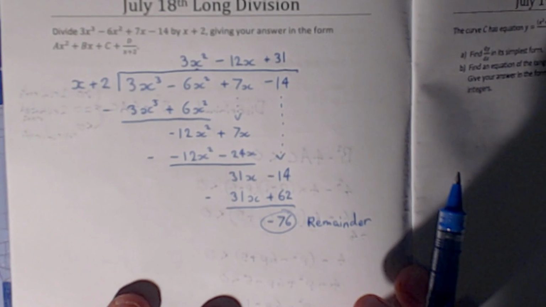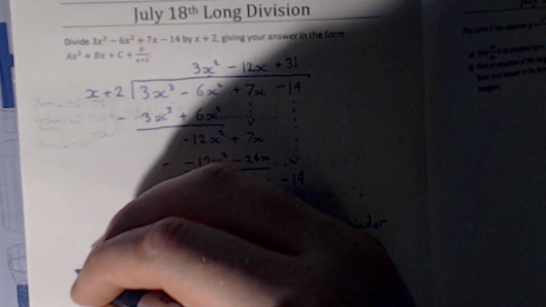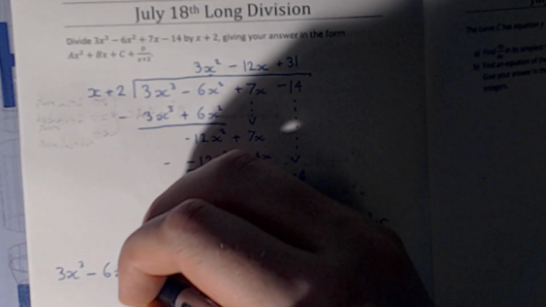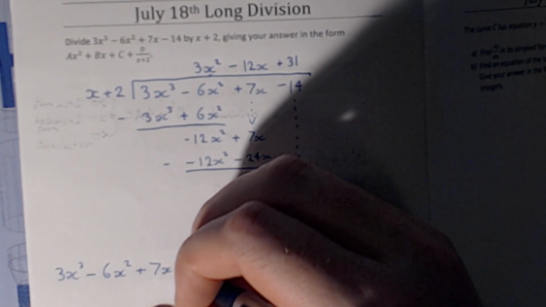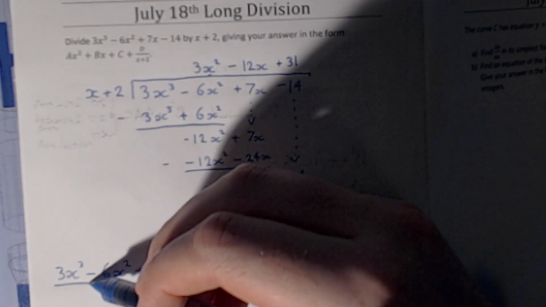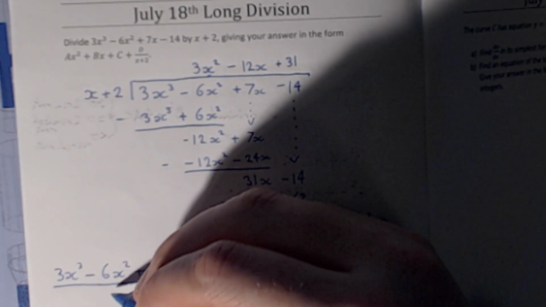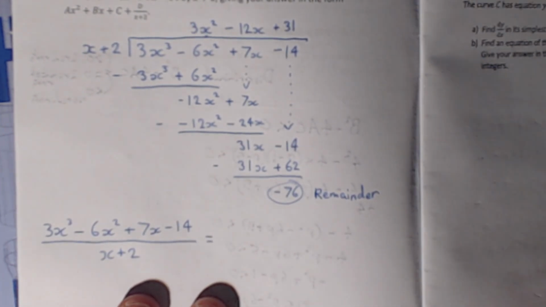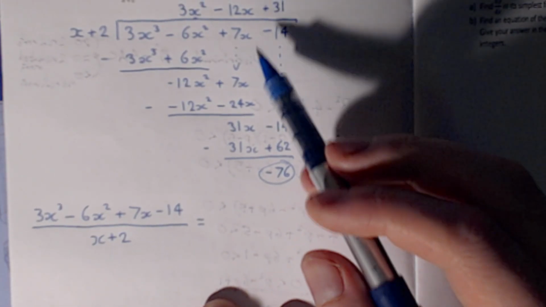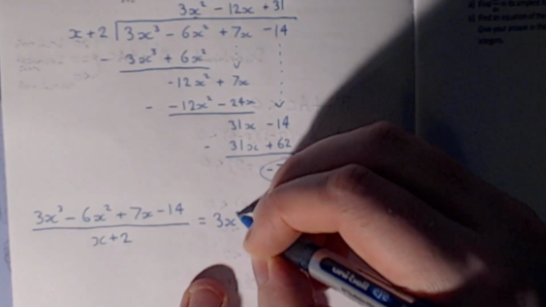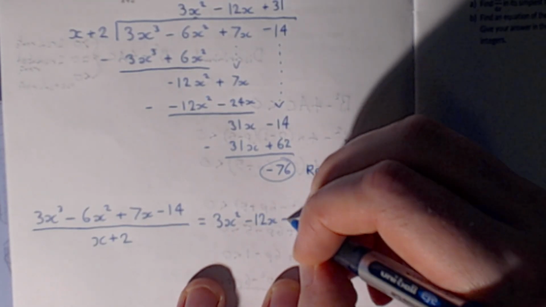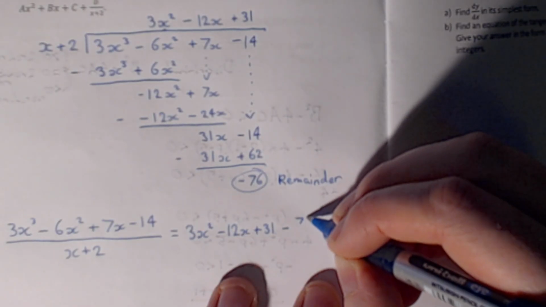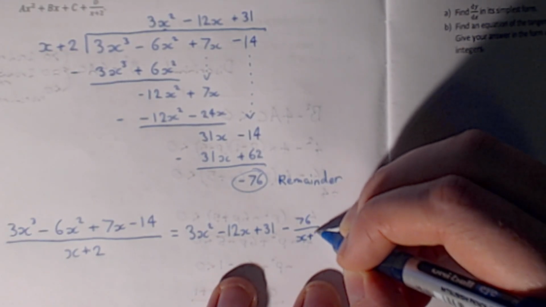So we can say that if we had 3x cubed, take 6x squared, plus 7x, take 14, and we divided this entire thing by x plus 2, well, what we're left with is our expression from the top here, 3x squared minus 12x plus 31, minus 76 divided by x plus 2.